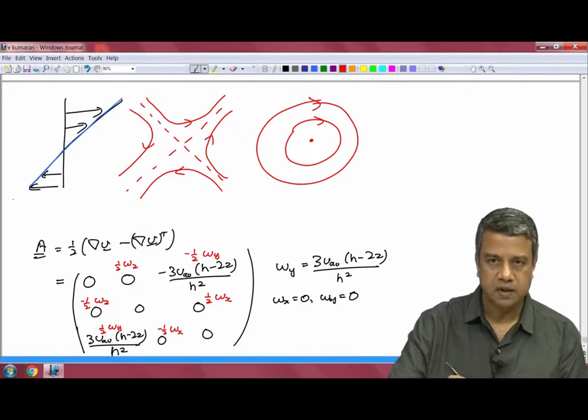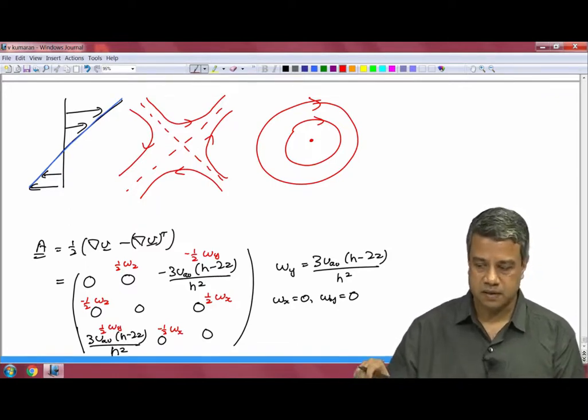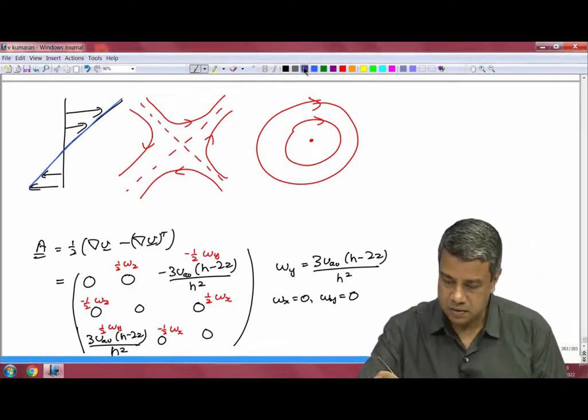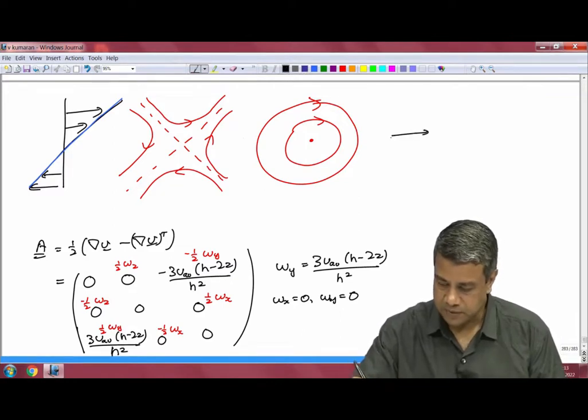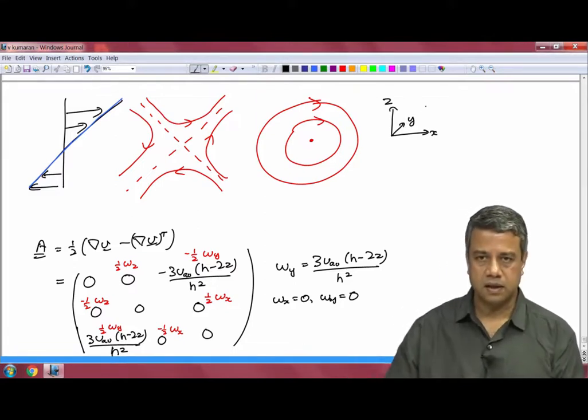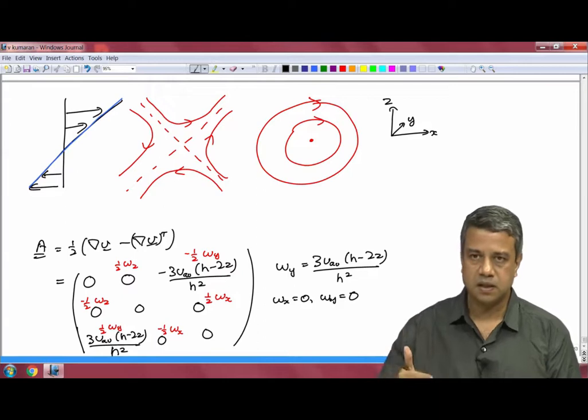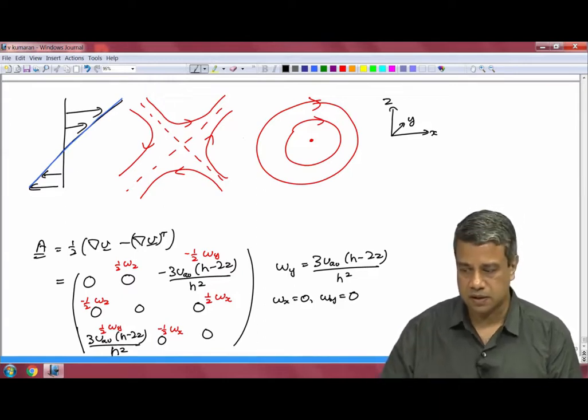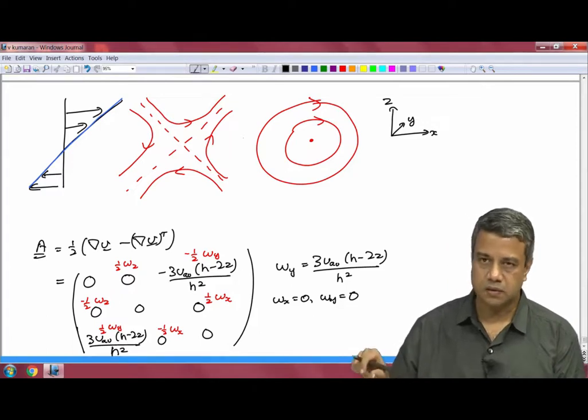If the velocity gradient is positive, it will be in the plus y direction according to the right hand rule. x, z, and y is into the plane, so that if I take x cross y, I get the z direction according to the right hand rule. So, this rotation is in the y direction.